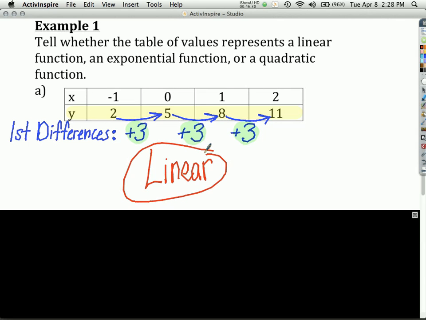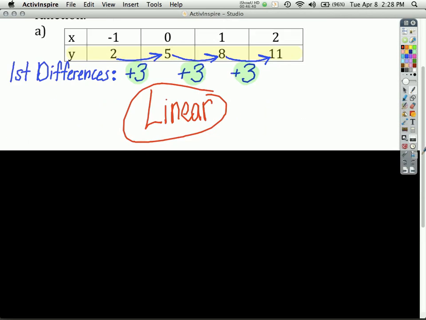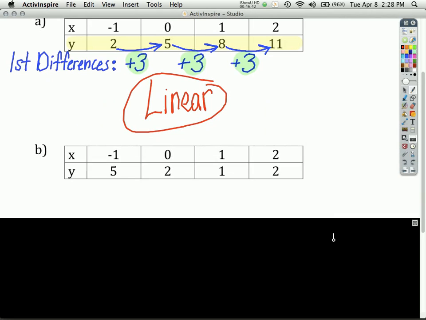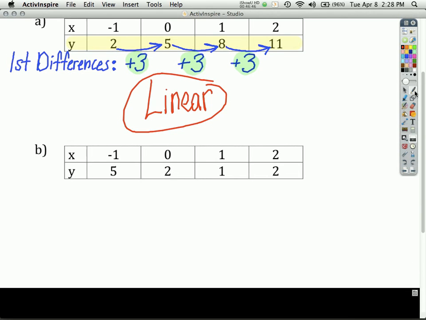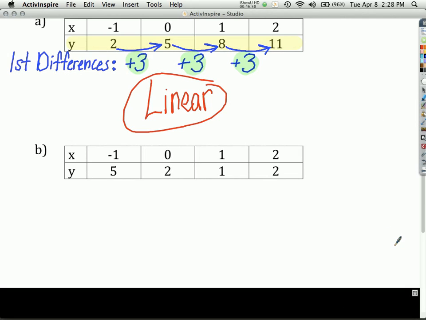All right, so now let's explore a second table. Here's the second one that I would like to explore. And let's see what we get from the first differences here. And this time I'm going to abbreviate the word difference by just putting DIFF.